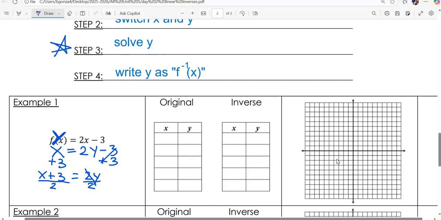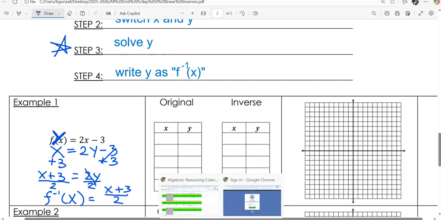Instead of y, how are we going to write this? f negative 1 of x. f inverse of x. That's it. Now, let's invoke Desmos to help us out here, okay?